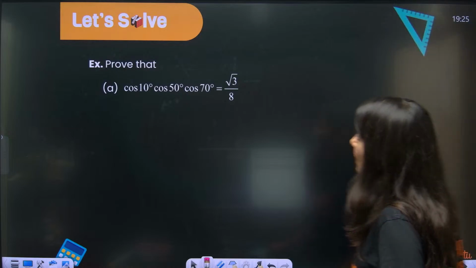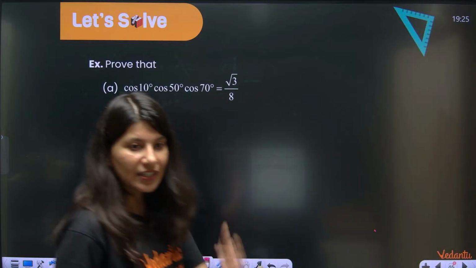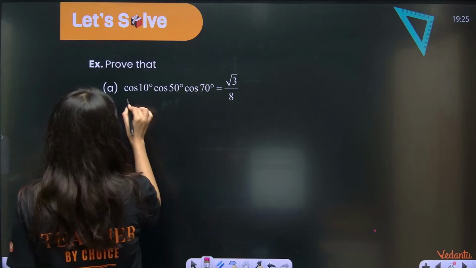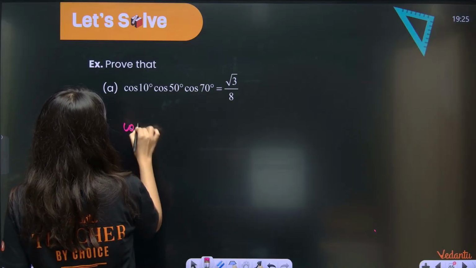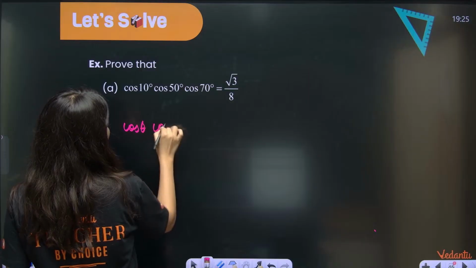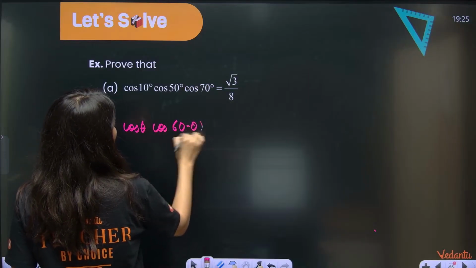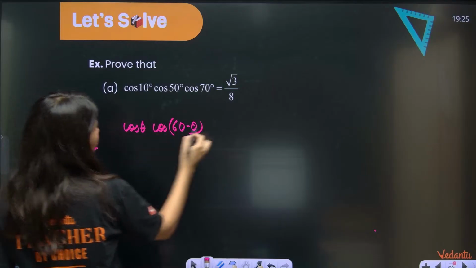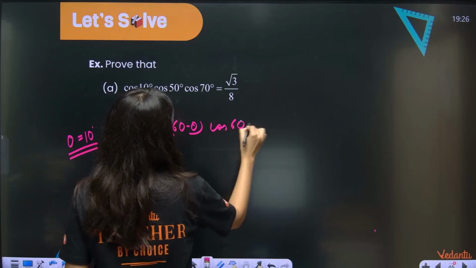So now see, these are the two questions. Let's do it. Cos 10 degree, cos 50 degree, and cos 70 degree. Can you see, this is cos theta, this is cos 60 minus theta, where theta is 10 degree, and cos 60 plus theta.